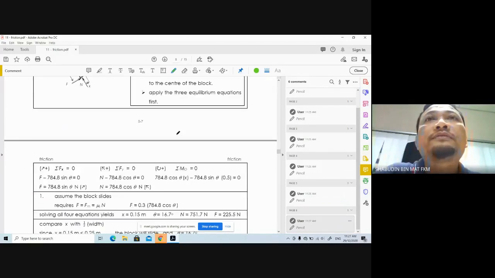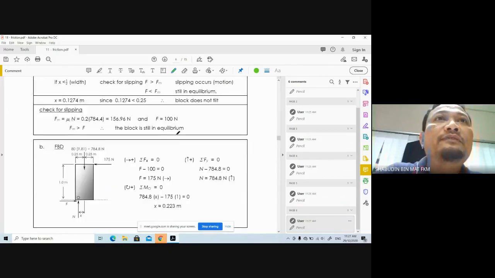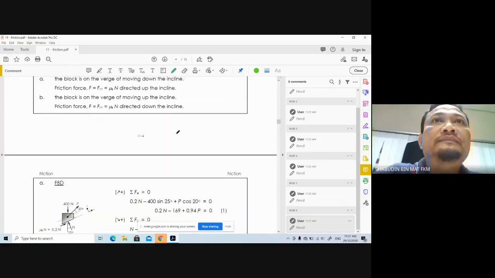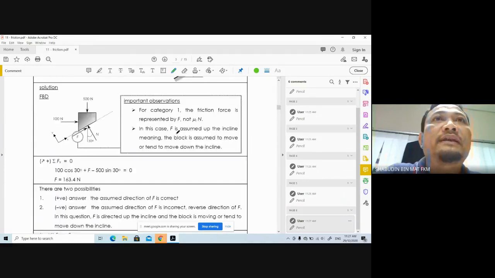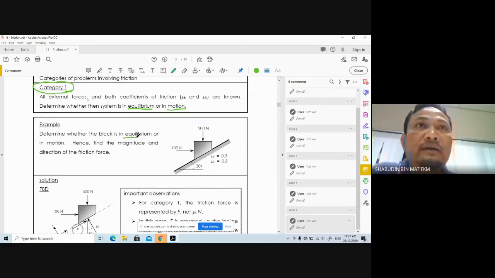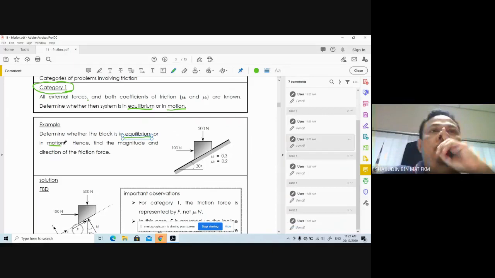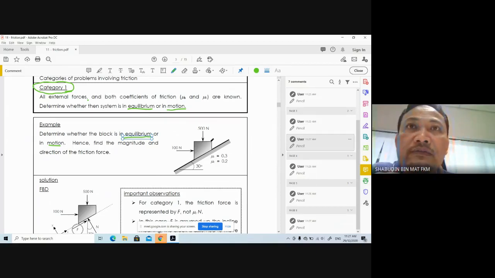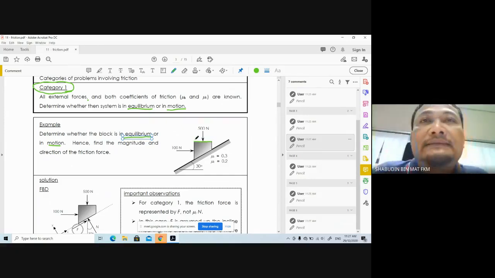So now we move on to the first category. Category 1 says to determine either the block is in equilibrium or in motion, then find the magnitude and direction of the friction force. For this case, you are given a block, with 500 Newton going down, and 100 Newton to the right of the block.